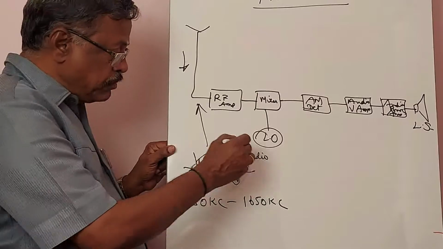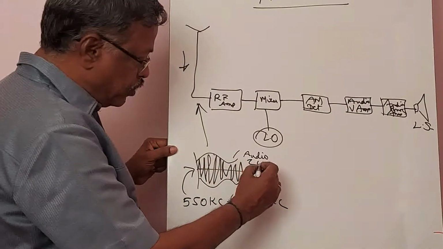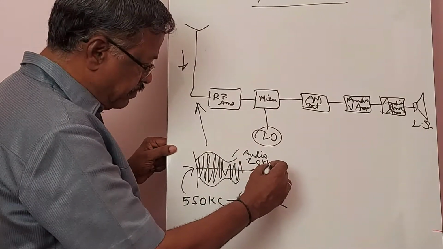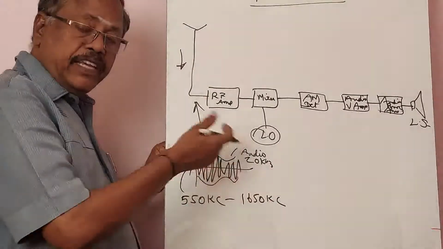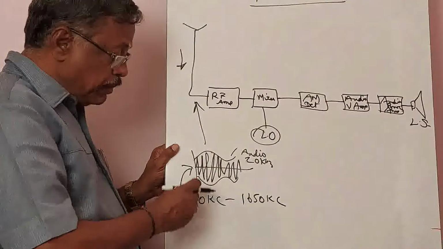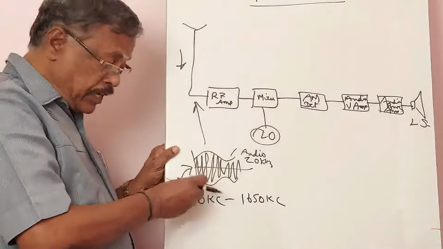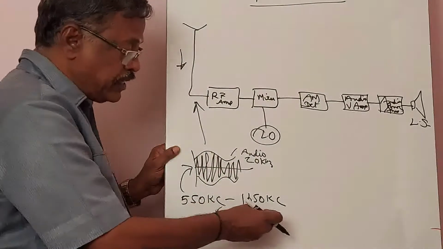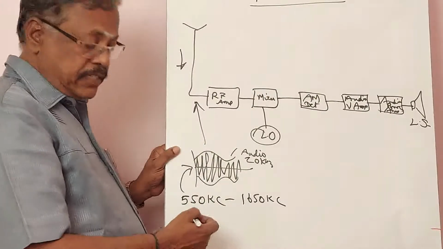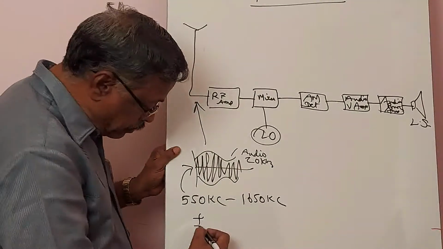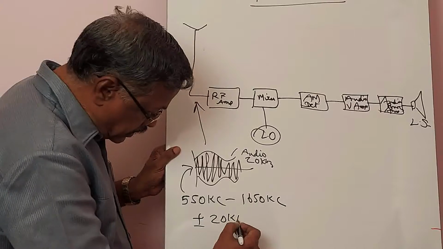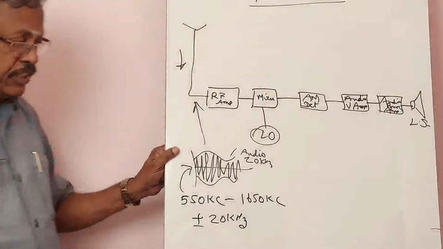But actually this audio signal is 20 kilohertz. This envelope is varying at a rate of 20 kilohertz, but within that, the RF frequency is going to change from 550 to 1650. There can be any station. Every station will have plus or minus 20 kilohertz as the bandwidth of a radio station.